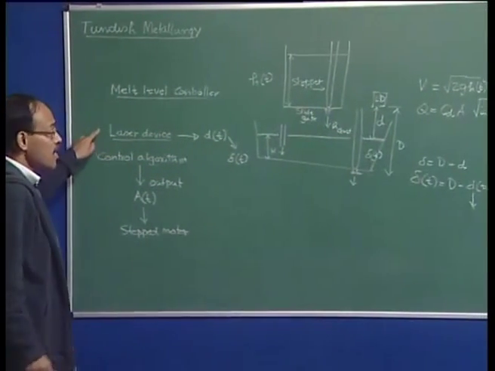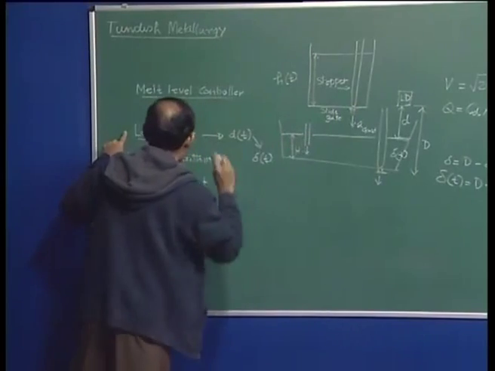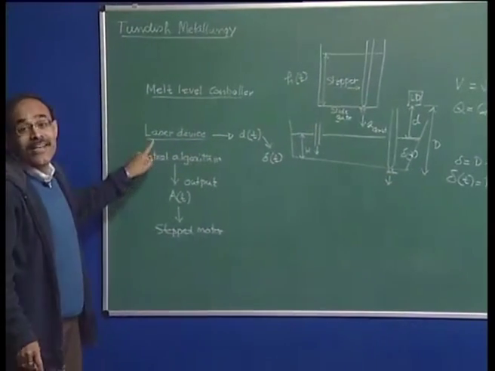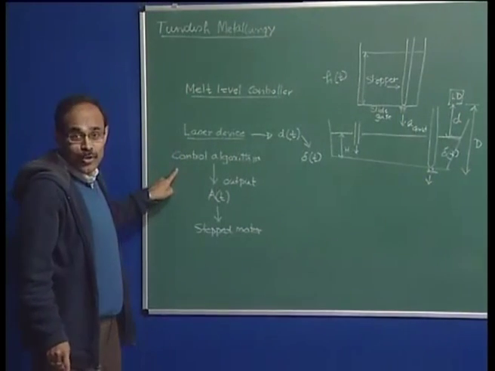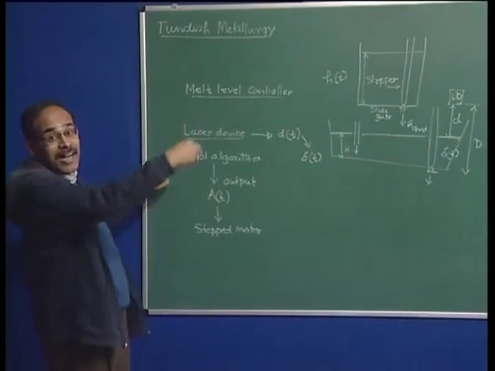So, as you see, in order to control the melt level in the tundish, we require a sensor, and that sensor here is the laser device. We require a control algorithm, and it is being done dynamically.